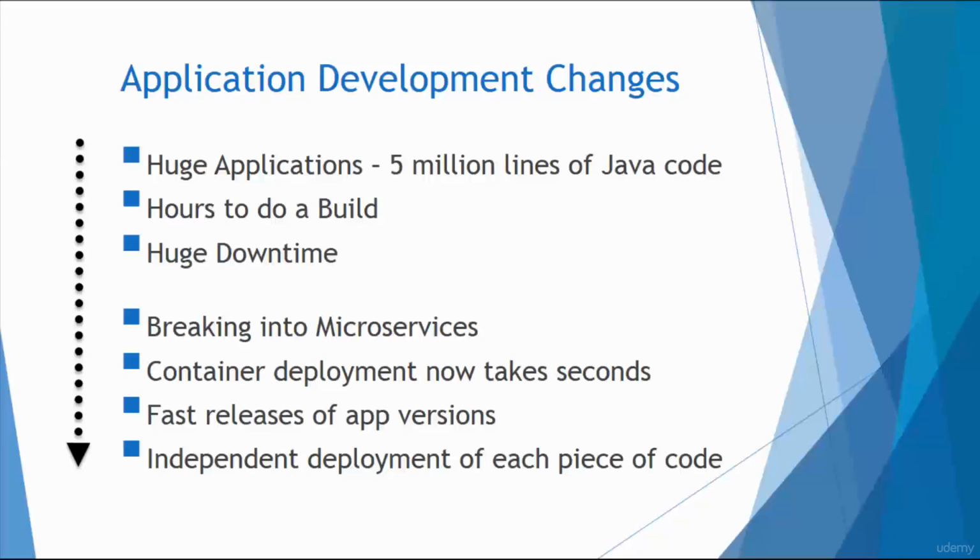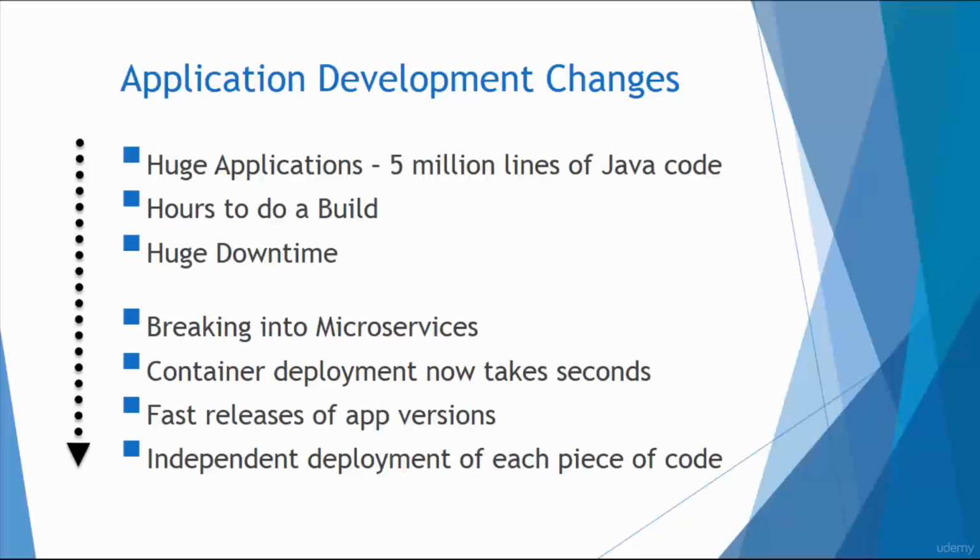So the world is mobile now. We have mobile apps, and these require changes almost every week, or let's say on a monthly basis or quarterly basis, depending upon the app itself. So using these microservices architecture and containers would allow fast releases of app versions.